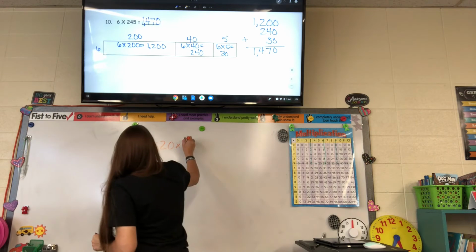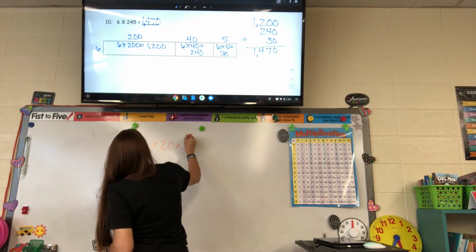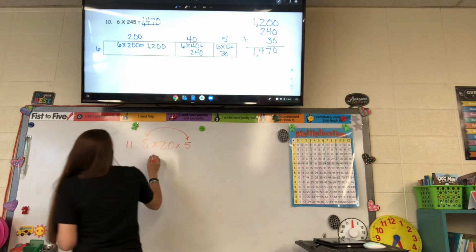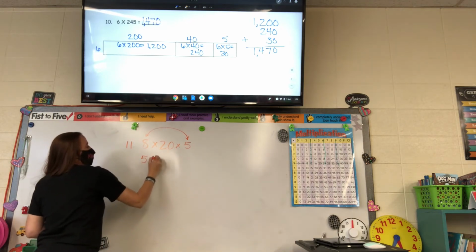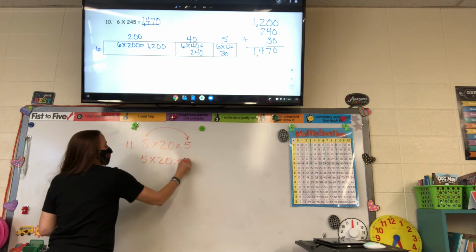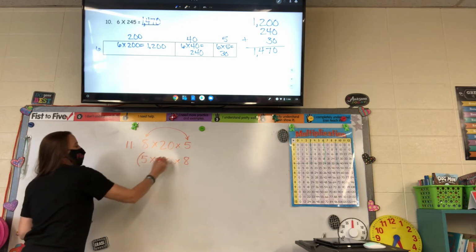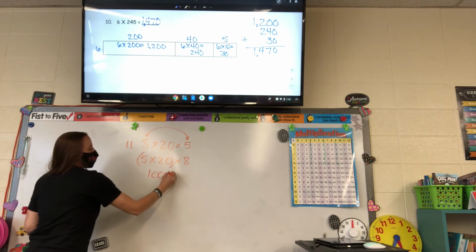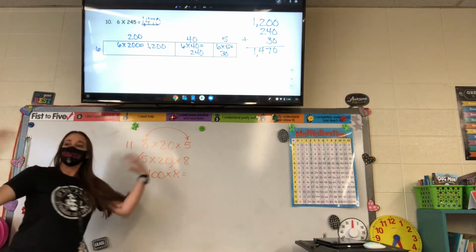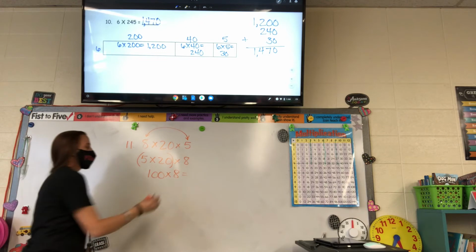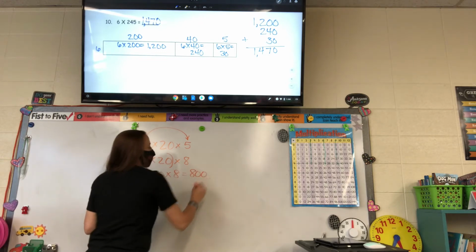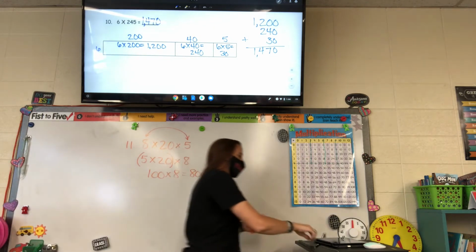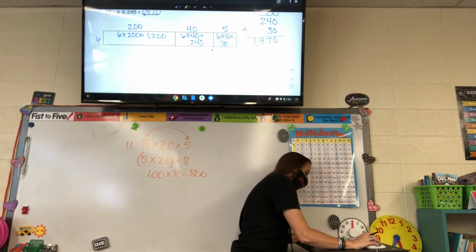So watch. What we're going to do, we're going to use the commutative property to change the places of 8 and 5. So we're going to do 5 times 20 times 8. 5 times 20 is 100. And then 100 times 8 equals 800. Do you see how we turn that into something that we could do easily in our head by just getting together those 2 numbers?